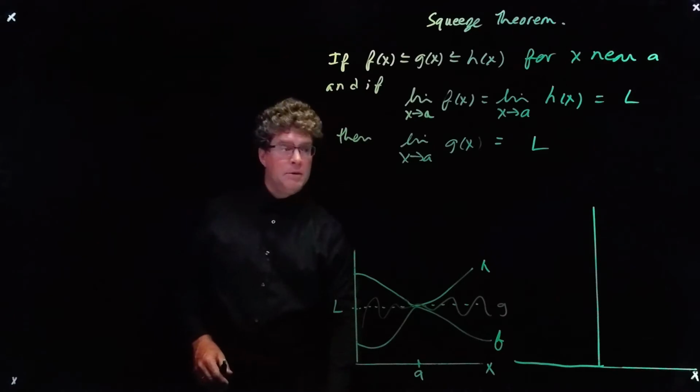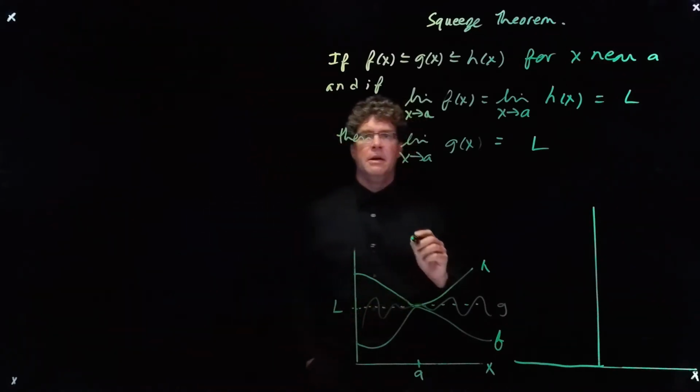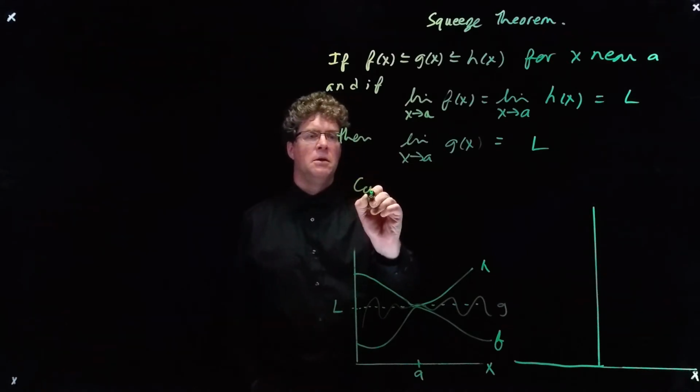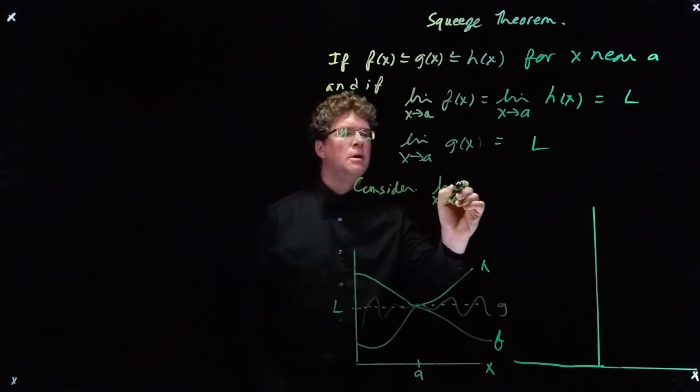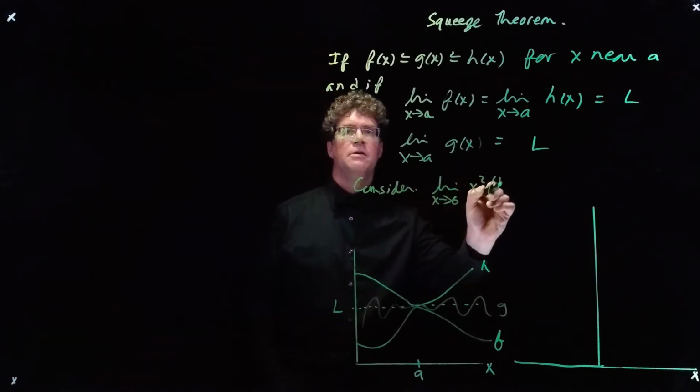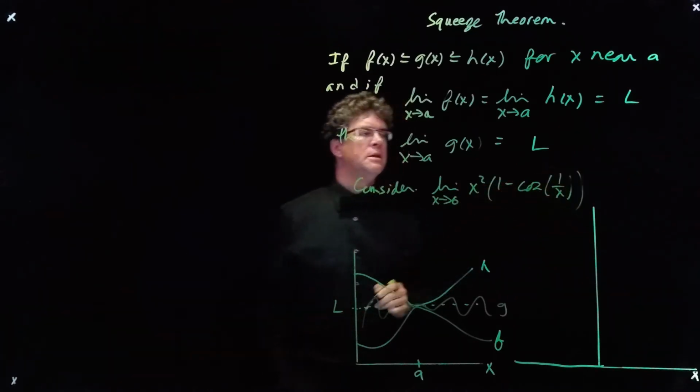And so this is actually quite useful for things like the following. Consider the limit as x approaches 0 of x squared times 1 minus cosine 1 over x.